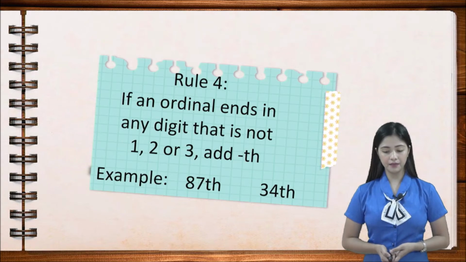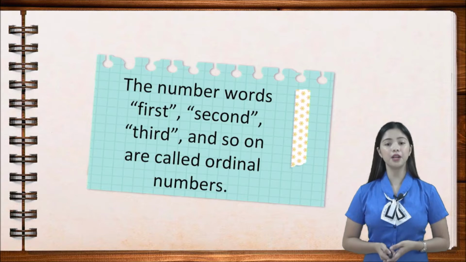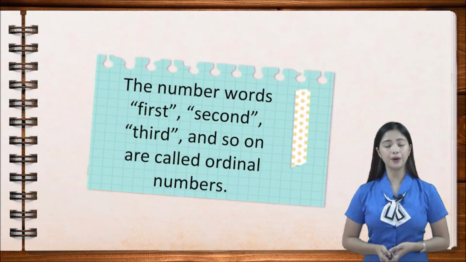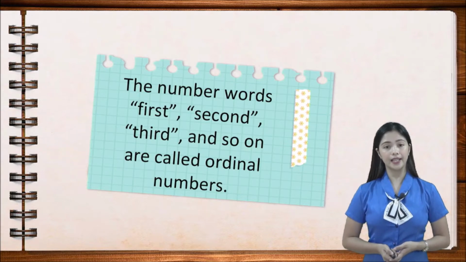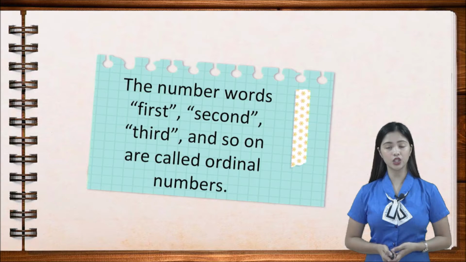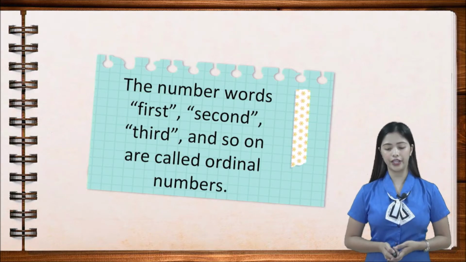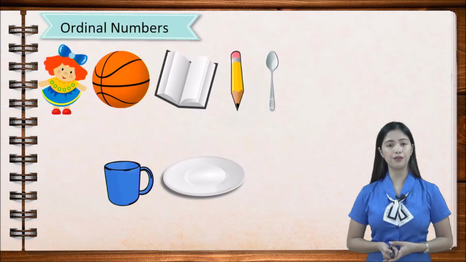So kids, the number words first, second, third, and so on are called ordinal numbers. For example, let's look at this group of objects.